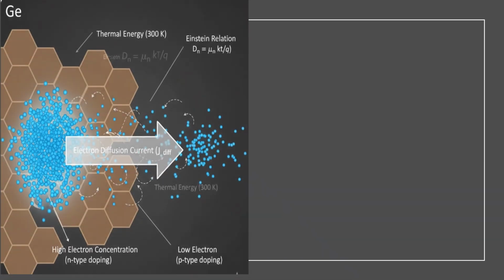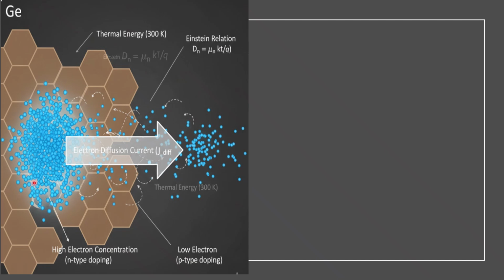Let's see what diffusion exactly is. Suppose this is a germanium semiconductor. Since more electrons are on this side, suppose you have highly doped n-type material in this region, and here almost intrinsic germanium, and here you have doped phosphorus.